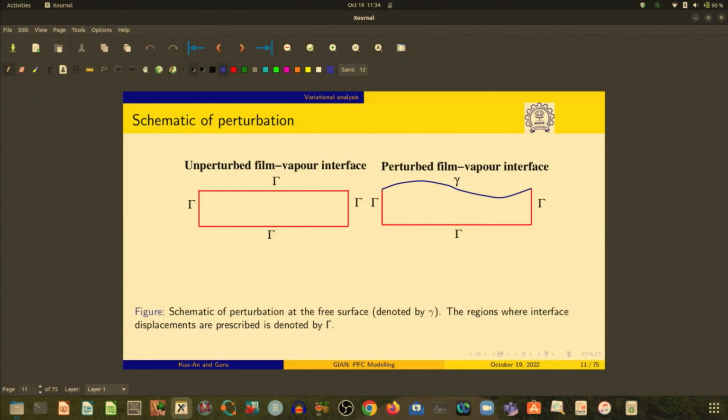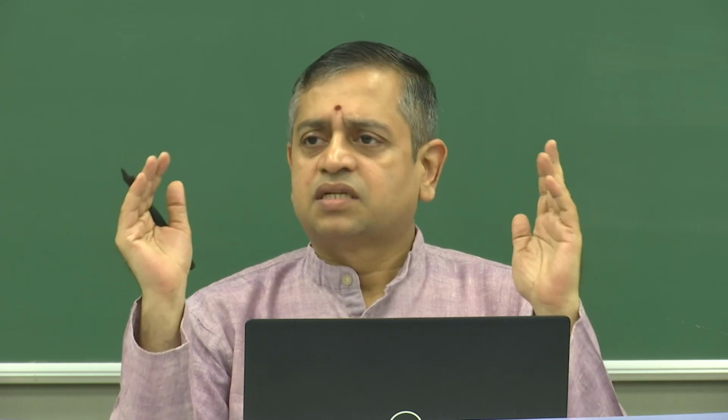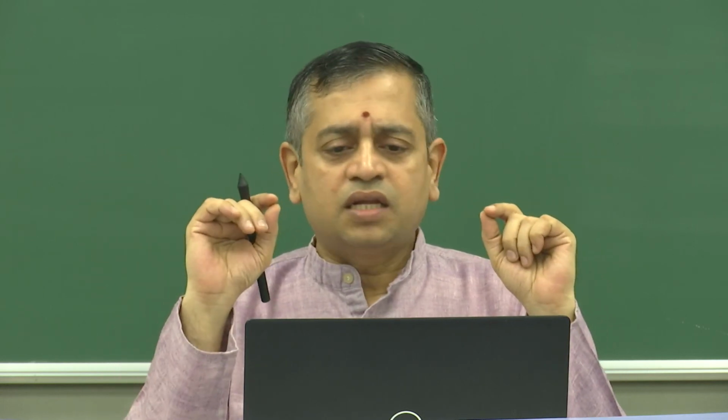So, we take an unperturbed film vapor interface. The system that we are considering is a freestanding film, and only one surface is allowed to change, while the rest are kept constrained. On the surfaces where I have prescribed displacement, I have called it capital gamma.